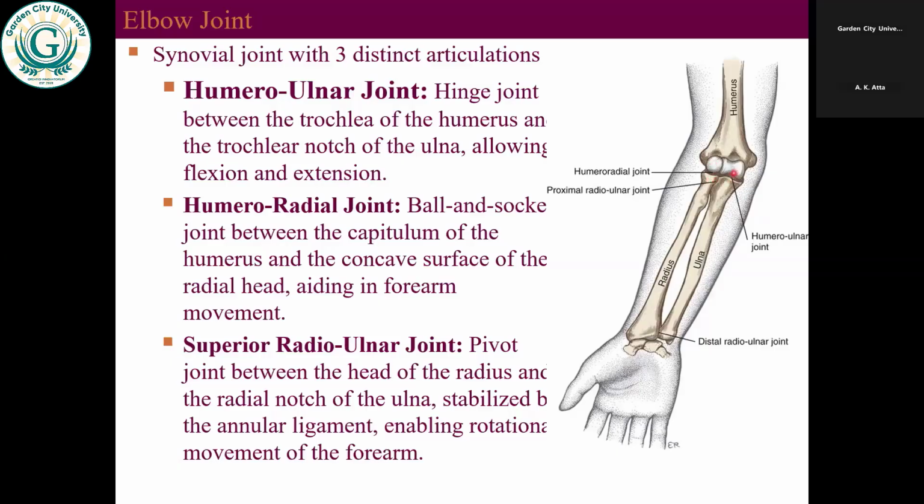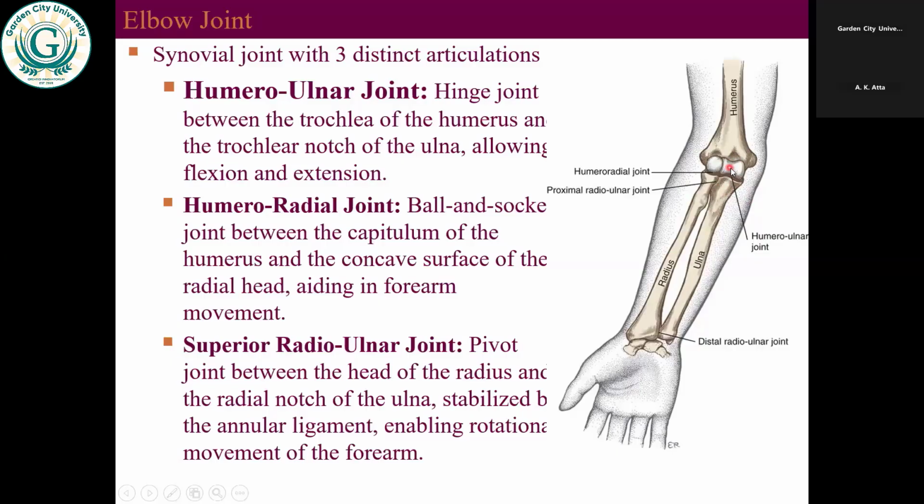Then between the trochlea and the trochlear notch, that's the humero-ulnar. Then between the head of the radius and the ulna, the proximal radio-ulnar joint. That's what they also call the superior radio-ulnar joint. So the whole joint here is what we are calling the elbow joint. But most of the time when you are talking about the elbow joint, you are talking about this one here.